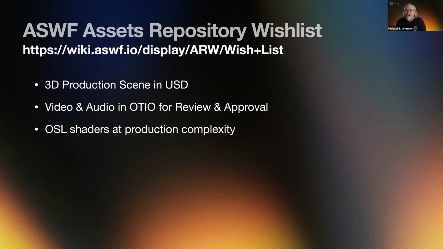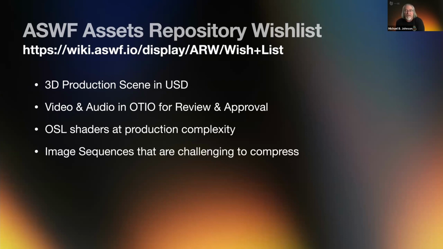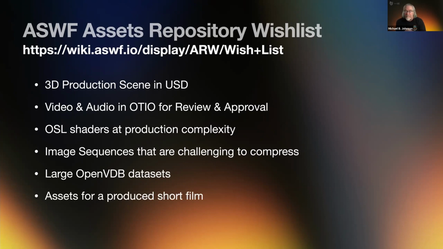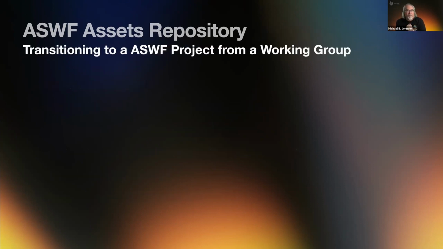Open Shading Language shaders at production level of complexity. Image sequences that are hard to compress, the kinds of things that would show up doing reviews on a feature film, large OpenVDB data sets, maybe assets from a produced short film. All of these are the kinds of things that we're looking for.